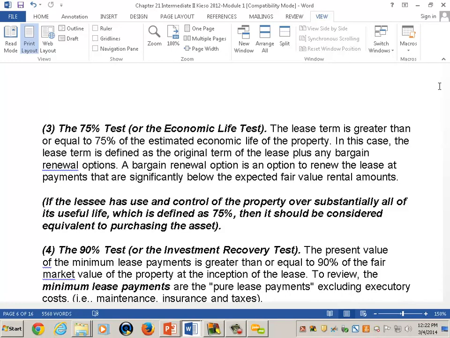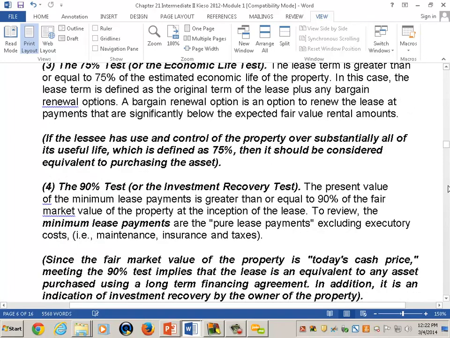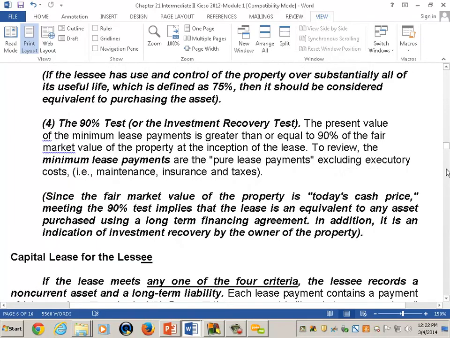Now, the 90% test essentially says that present value of the minimum lease payments, which of course exclude executory costs, is at least 90% of the fair value of the asset.